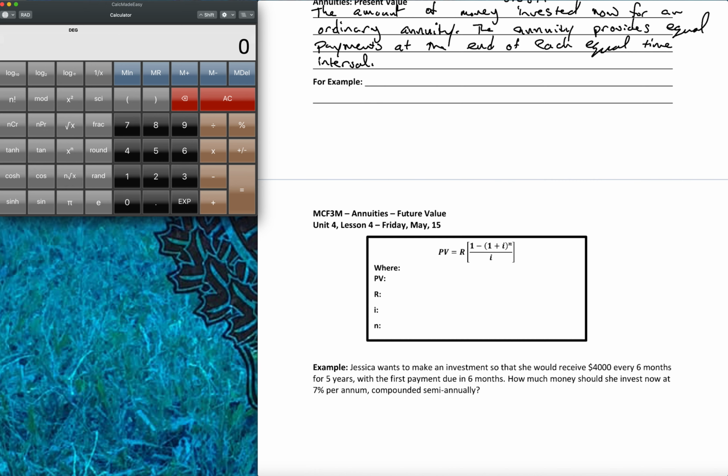So it's the amount of money invested now in an ordinary annuity.